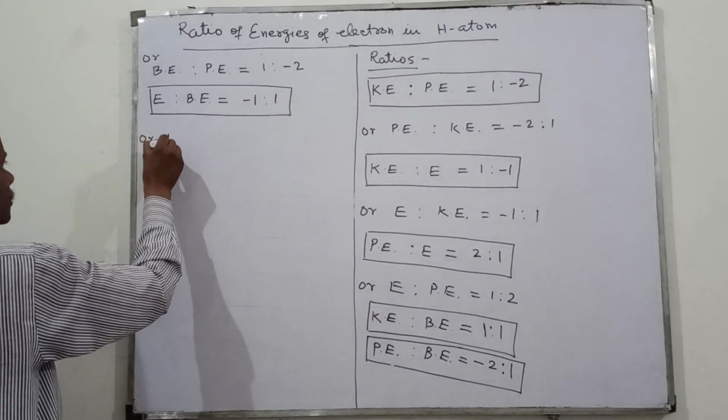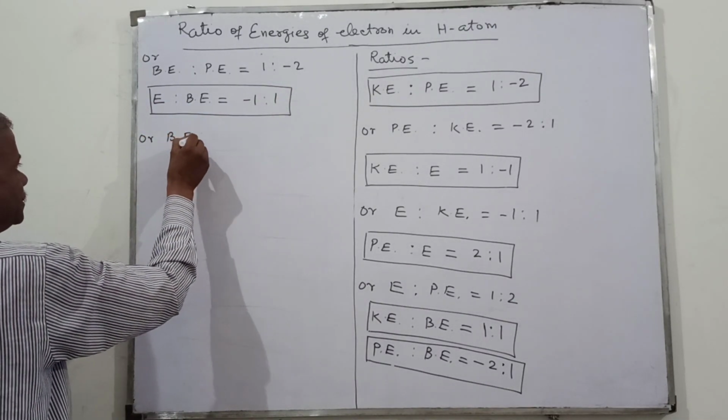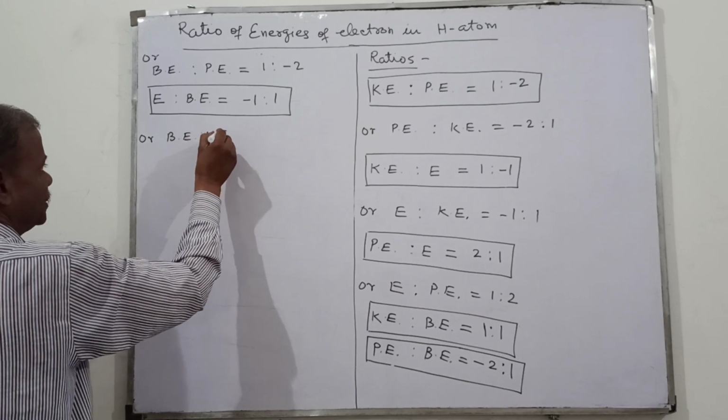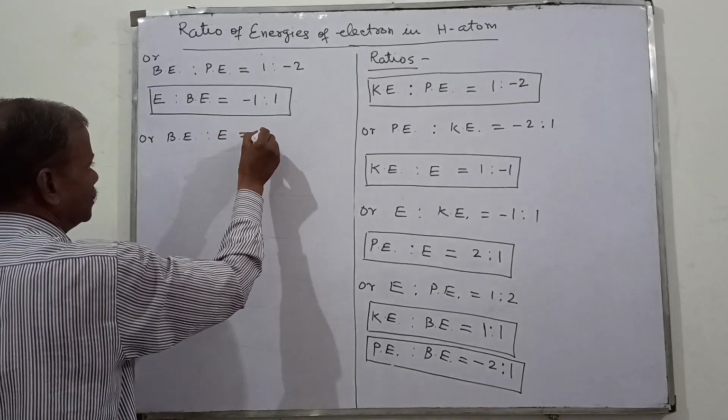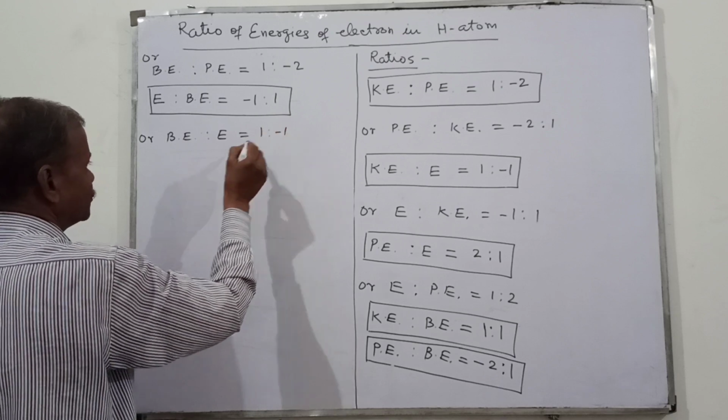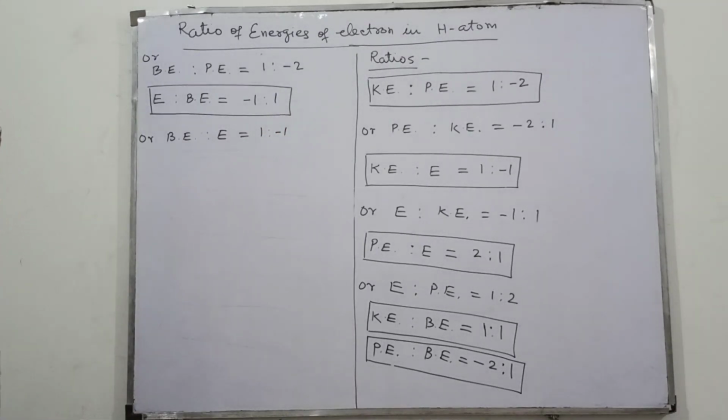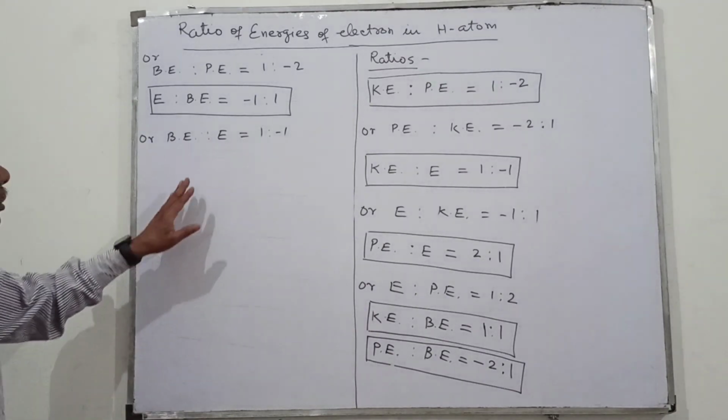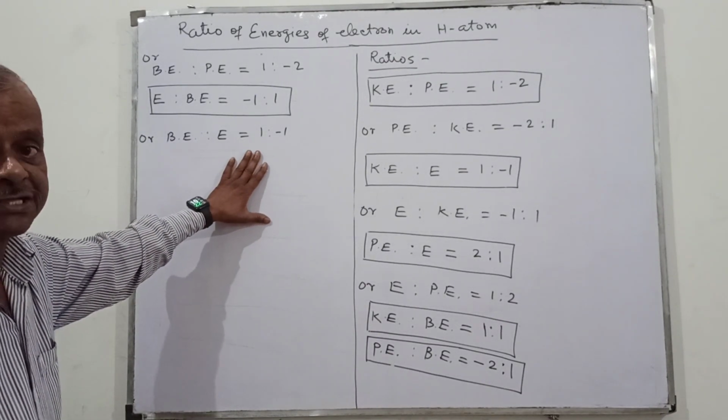Or binding energy ratio total energy is equal to 1 ratio minus 1. So these are the ratios of these energies taken two at a time.